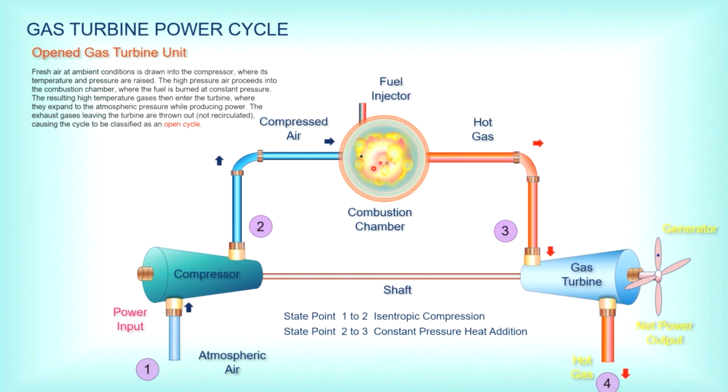When this takes place, the mixture of air and fuel burns and produces heat energy. The third process is from state point 3 to state point 4, where the working fluid undergoes isentropic expansion. Again, I repeat, isentropic means constant entropy, no heat flow involved.